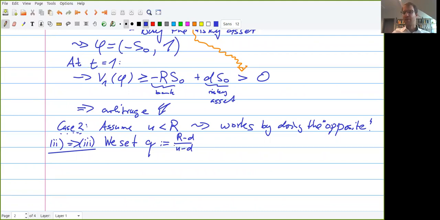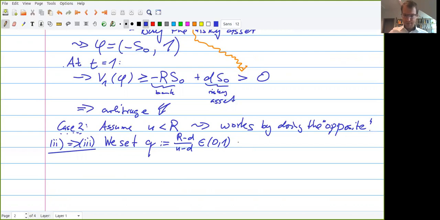I will check now that this Q works, but it somehow pops out of the air. But I hope at the end of the lecture, it will be clear where it's coming from. So we will basically derive it again in the next half hour.